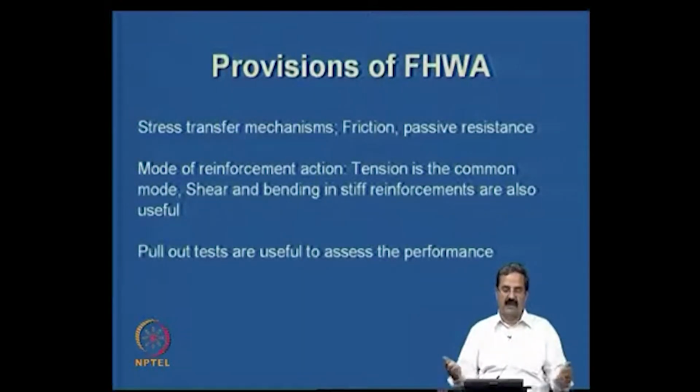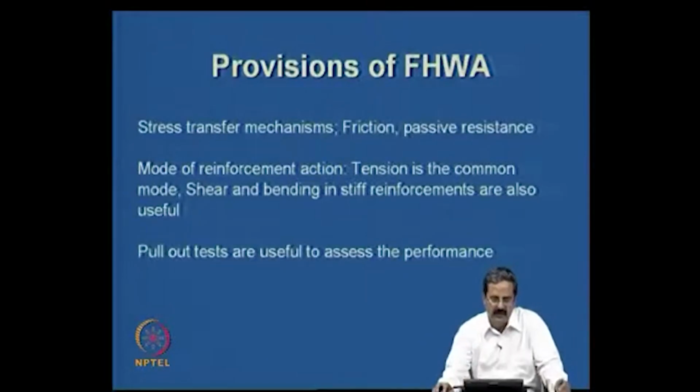For long-term performance, for example, some materials, particularly geosynthetics, have a tendency for creep. So because of the creep, there will be changes in the tensile forces and all that. So people may even do the pull-out test maybe after say 5 years or 10 years to see whether the geogrid or geotextile is alright and what is its tensile resistance, what is its pull-out resistance. One can calculate just based on some of this information, right. So they are quite useful.